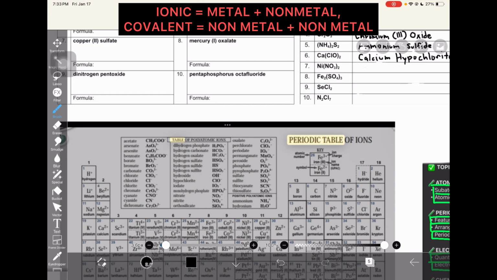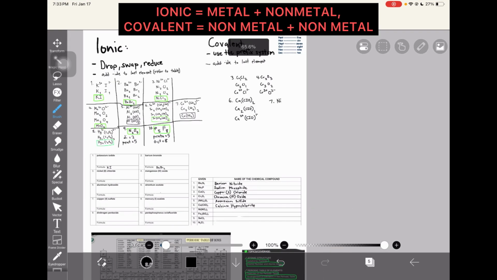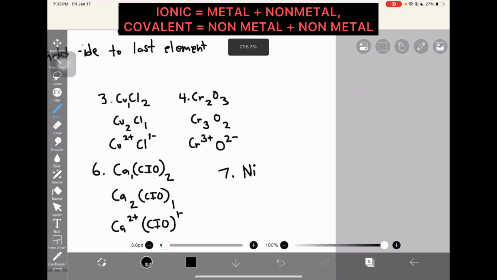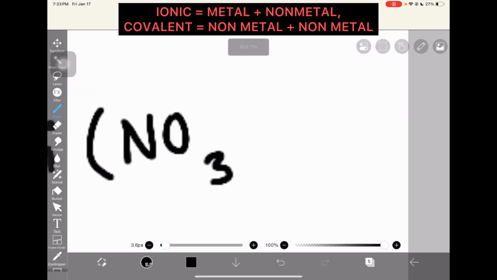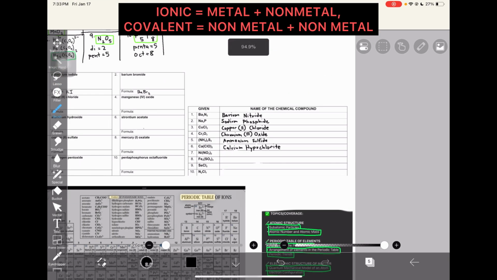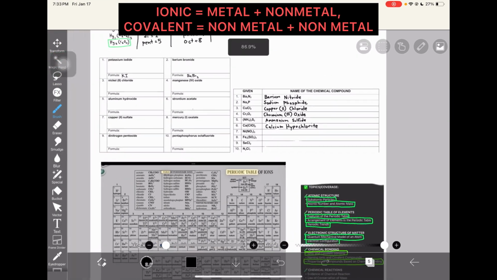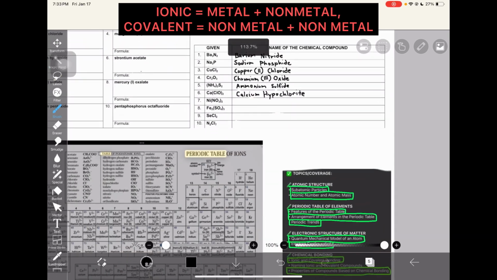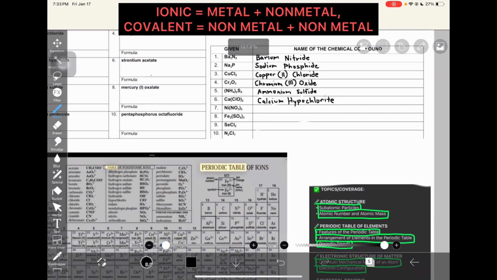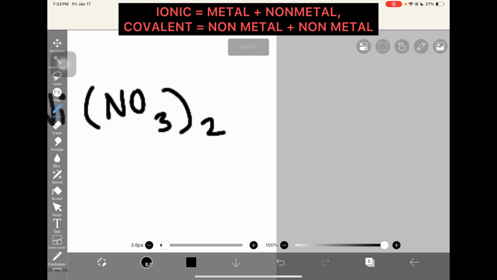NO3 is equal to nitrate. Oh, NO3 too, I'm sorry. NO3, and then we have 2 here.